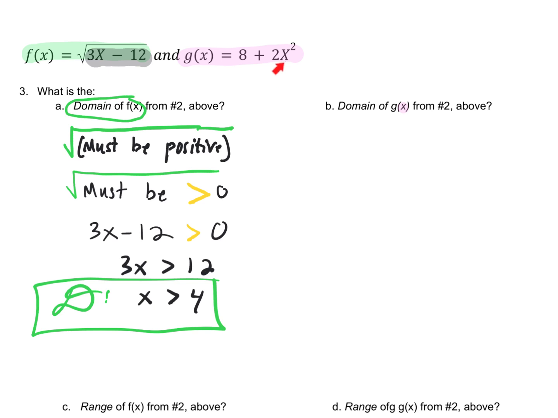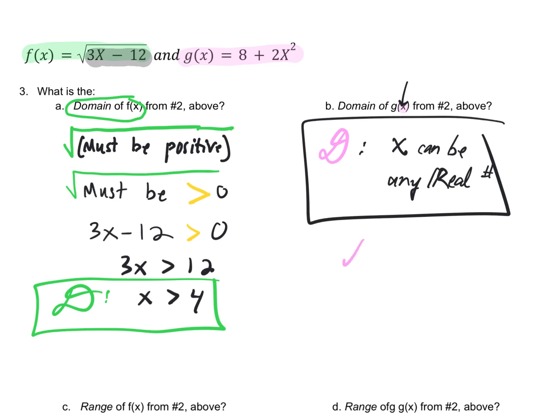There's nothing we can't square. Therefore, if the domain means what are we allowed to put into this function, the domain of this function is that our input, in this case x, can be anything, can be any real number. And that's our domain.